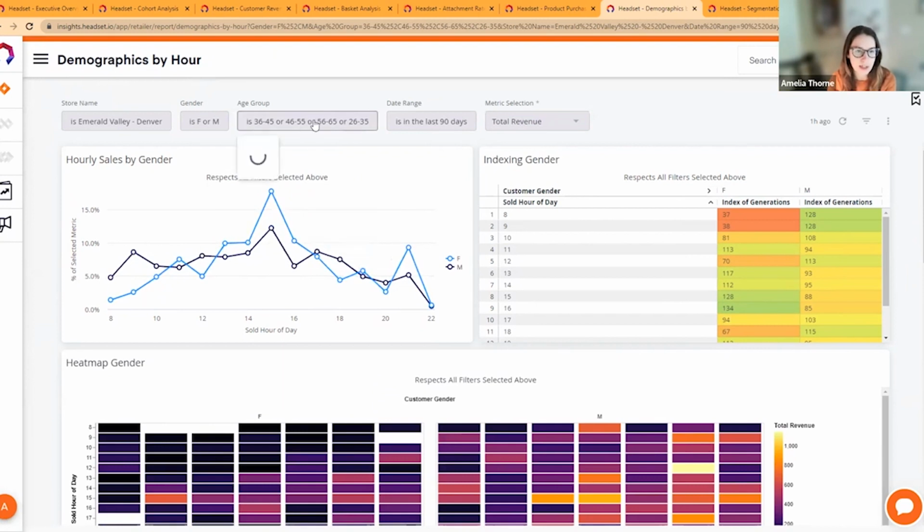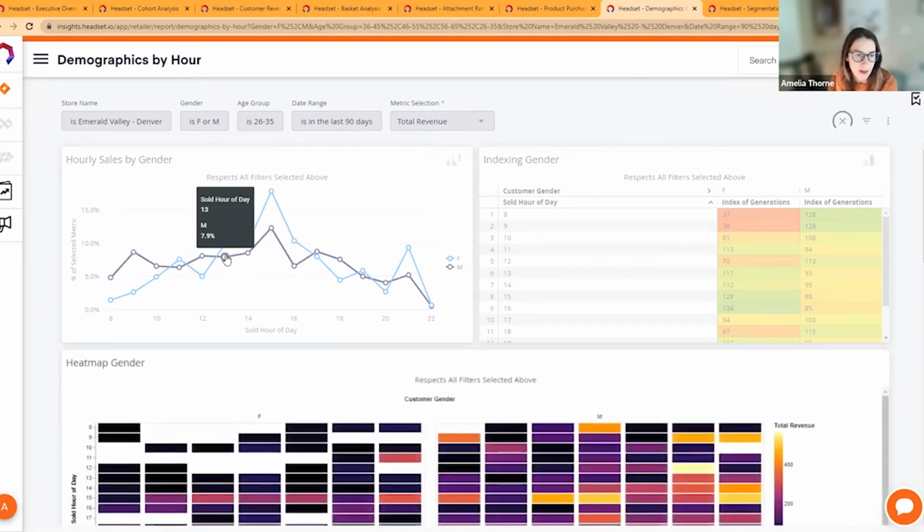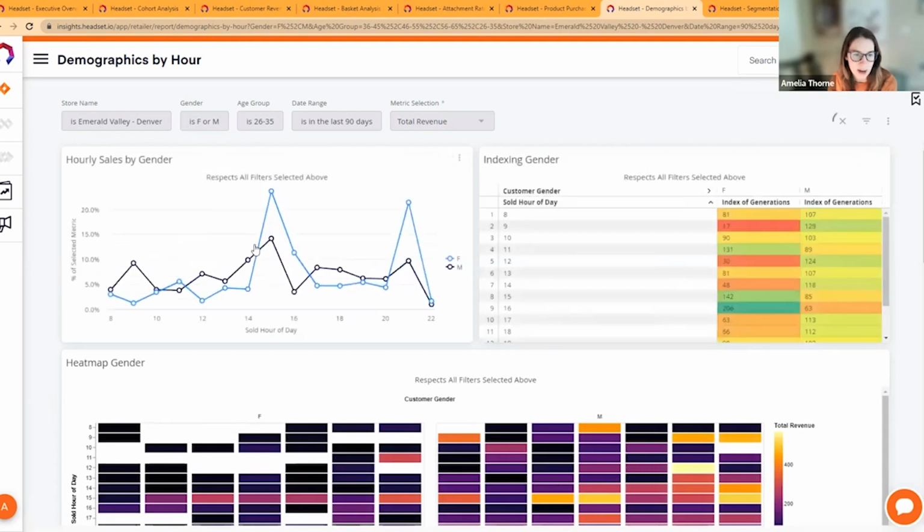So we could even drill down into a specific age group here. Going along our little story of concentrates and flower, we could refresh this, look at only 26 to 35-year-olds and see when males are coming into the store that are in that age group. I didn't slice by gender because it does a pretty good job of just clearly looking at specific genders here.